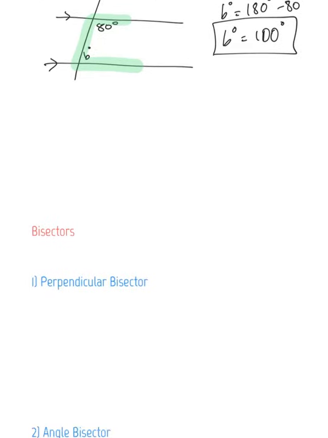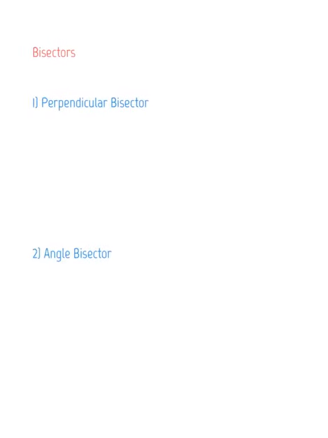Now, lucky last, we will have a look at bisectors, and there are two types of bisectors. There's a perpendicular bisector. Now, this is when two line segments intersect at a 90 degree angle.